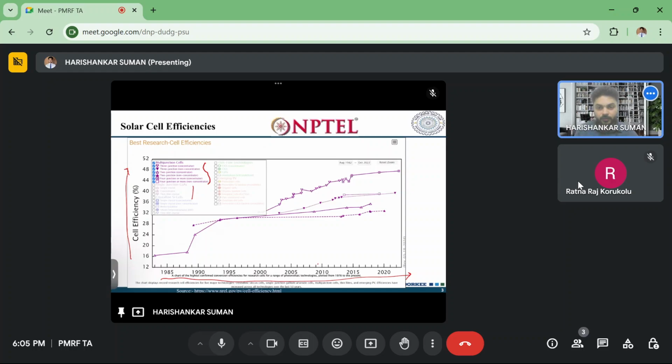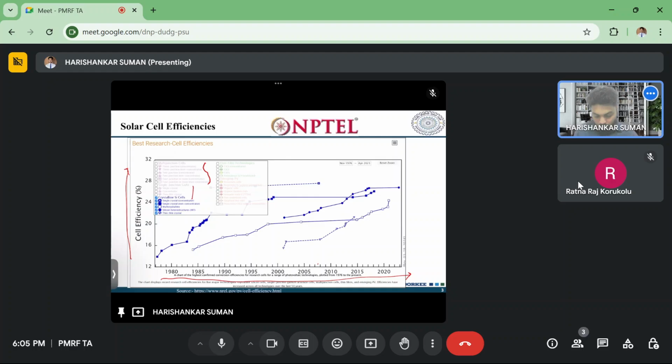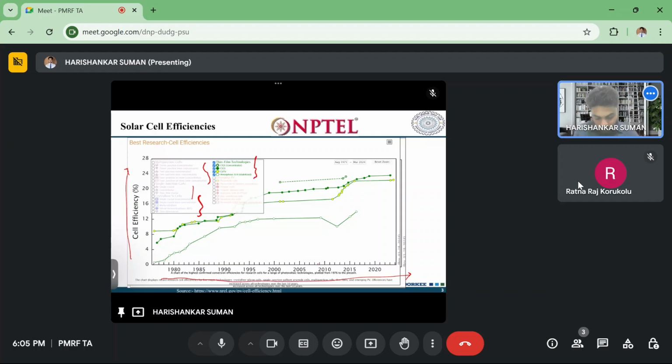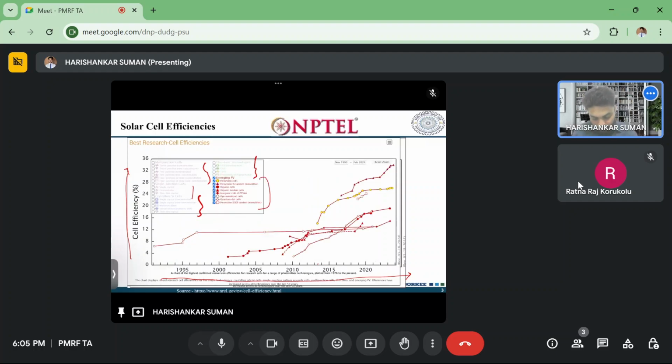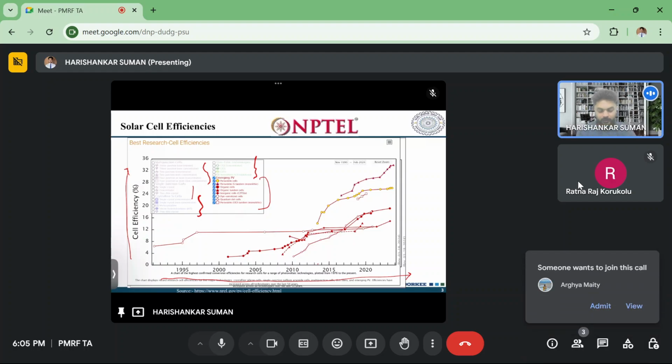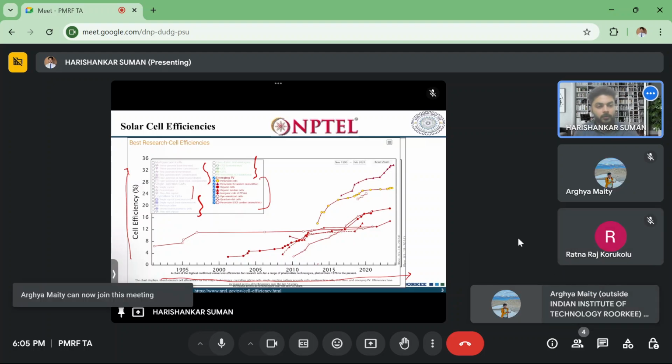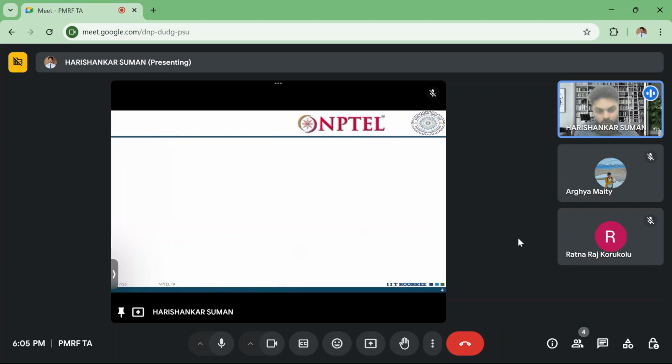Multi junction you can see also, then crystalline silicon solar cell and thin film technology, then emerging technologies like perovskite. This lecture is about perovskite, and thin film technology we will discuss in upcoming sessions. So this is the first question after the intro.